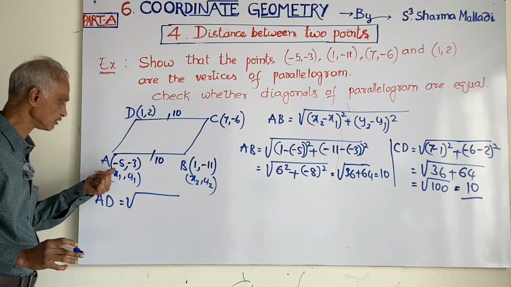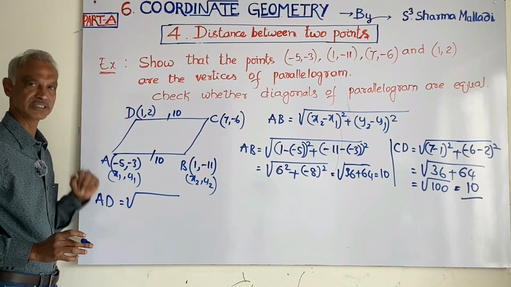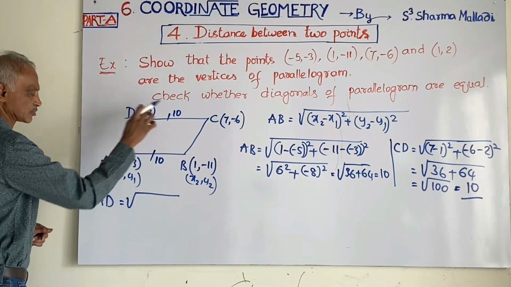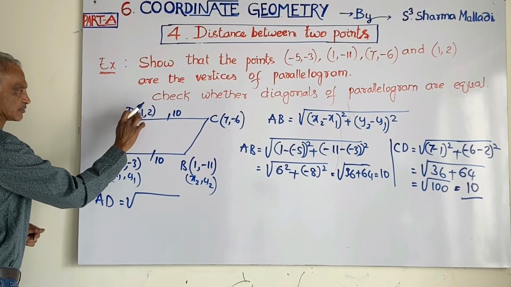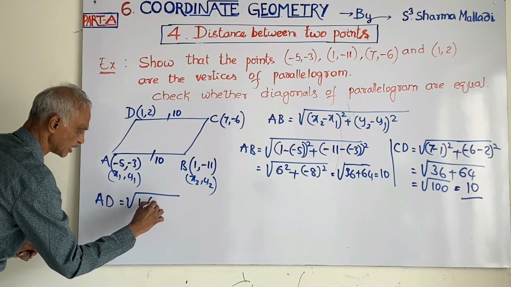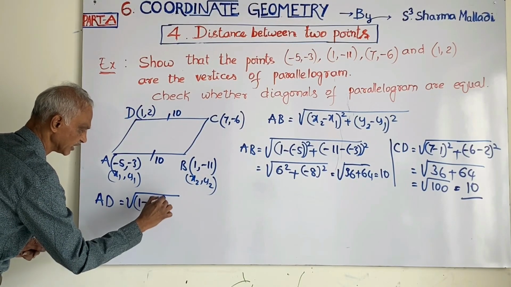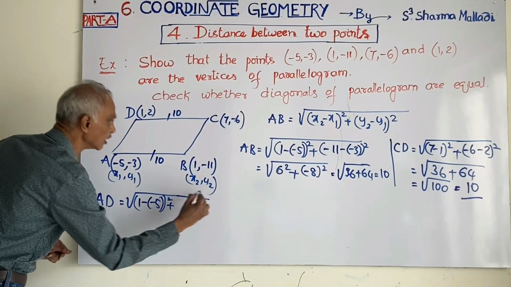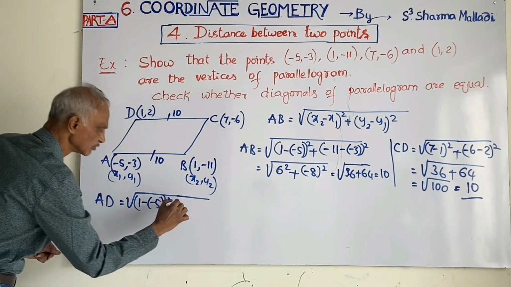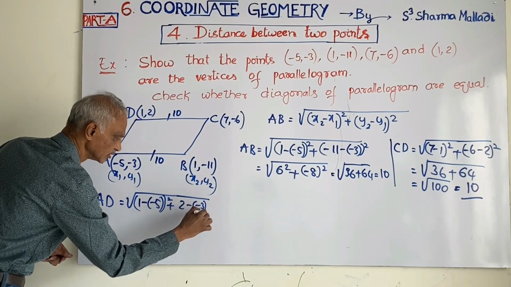You can take x1 y1 this one and x2 y2 this one, no problem. You take this x1 y1 and this is x2 y2. x2 minus x1, 1 minus of minus 5 whole square, plus y2 minus y1 whole square, 2 minus of minus 3 whole square.